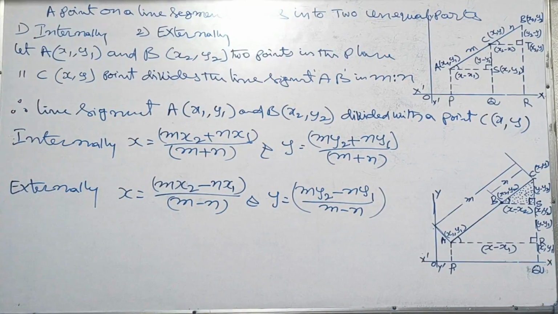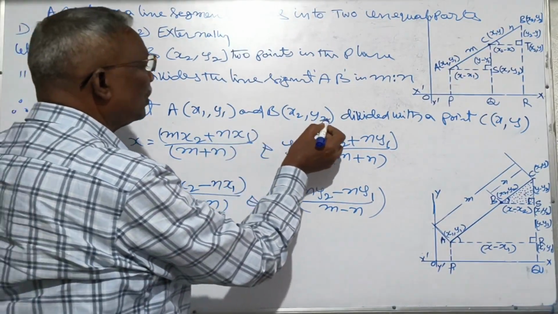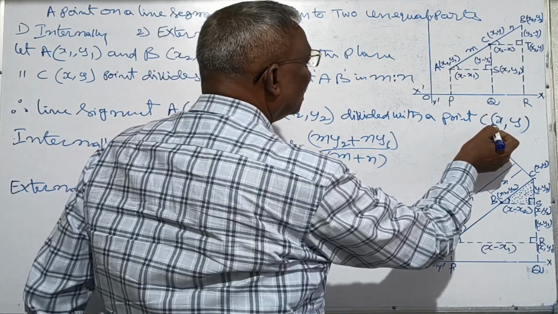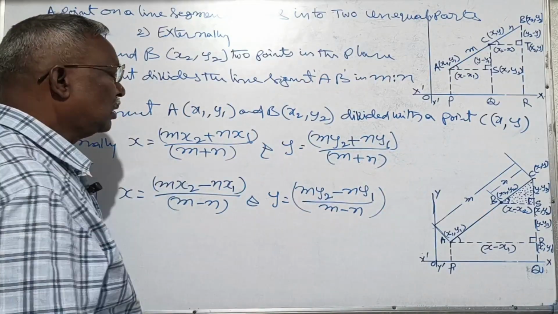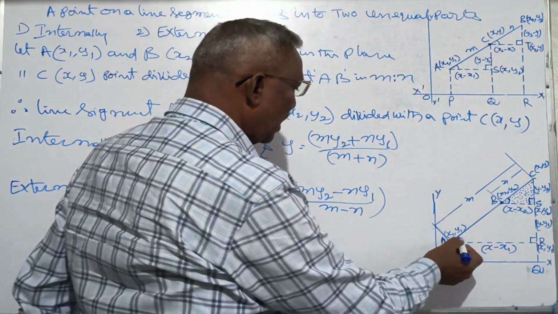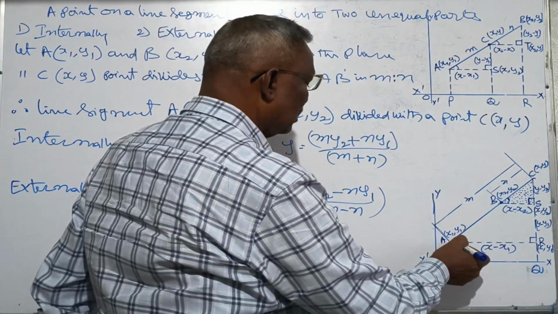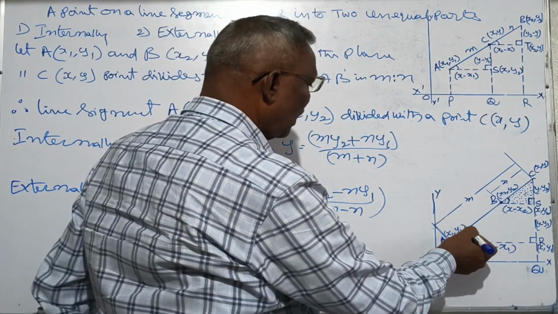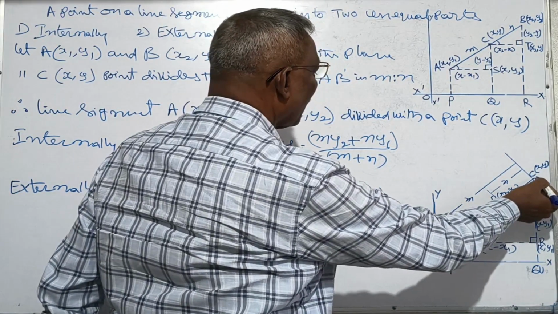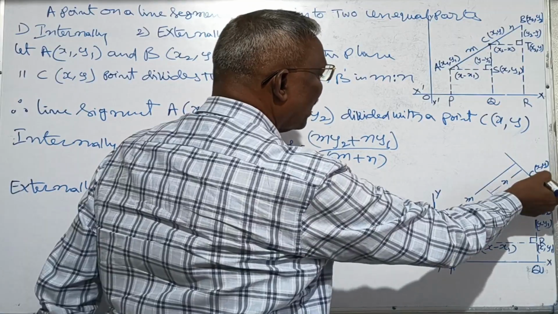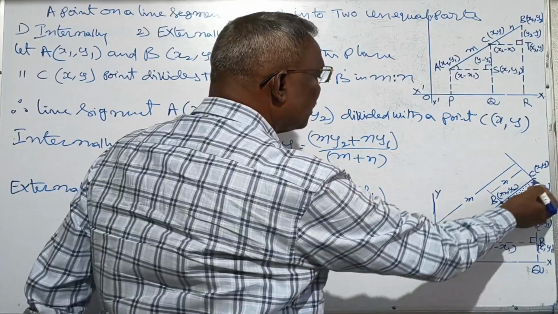Next, similarly, line segment AB with A x1 y1 and B x2 y2 is divided by a point C xy in the ratio m is to n externally, that is, outside of the line segment.